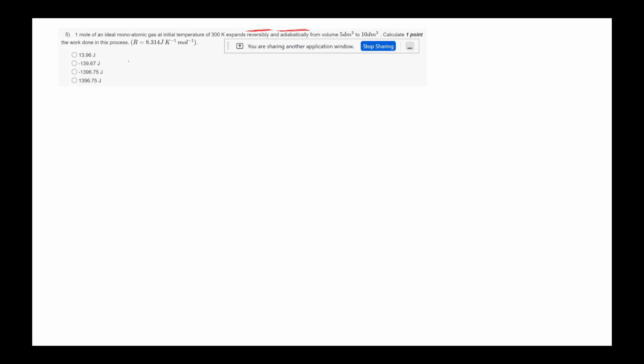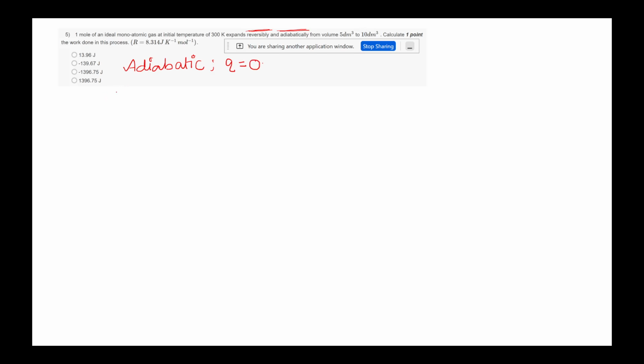So we have one clue, which is adiabatic. That means Q is 0.